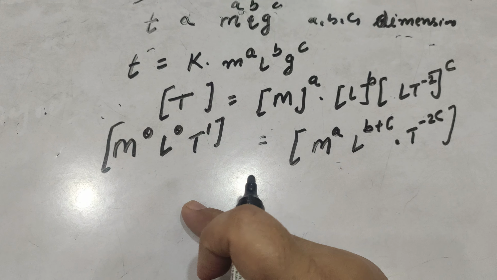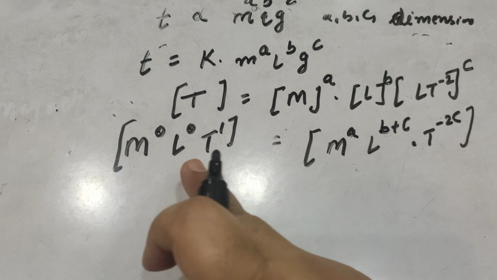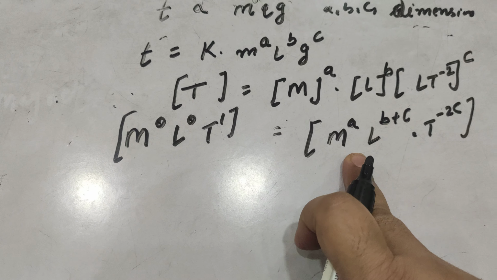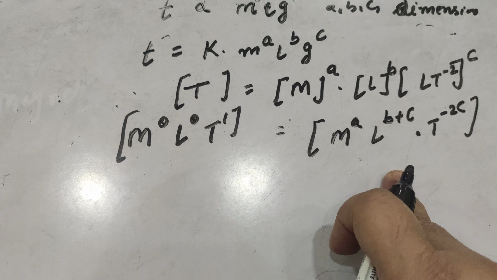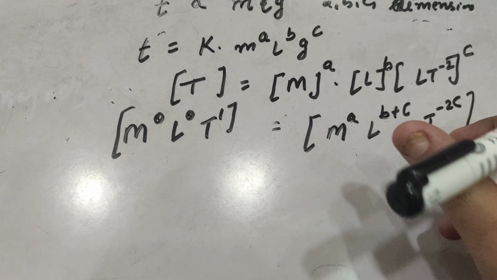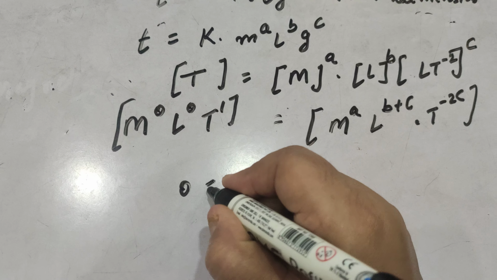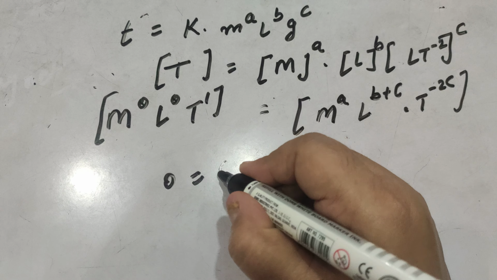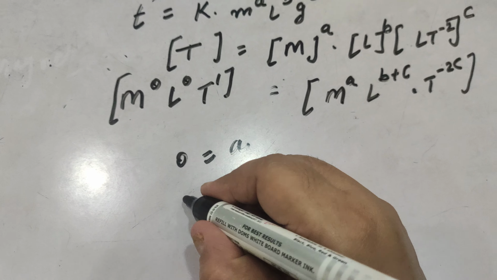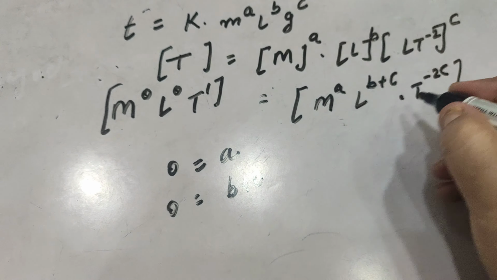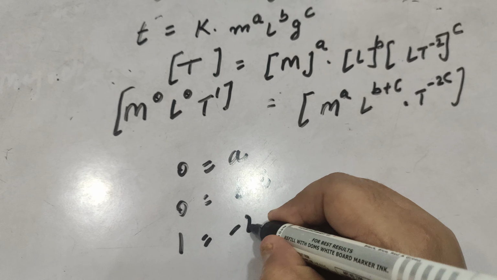Now the next step is to compare the powers of the same physical quantity: powers of M are compared, then powers of L, then powers of T. So we will get three equations for three variables. Comparing the powers of M, 0 is equal to a. Comparing the powers of L, 0 is equal to b plus c. Comparing the powers of T, 1 is equal to minus 2c.